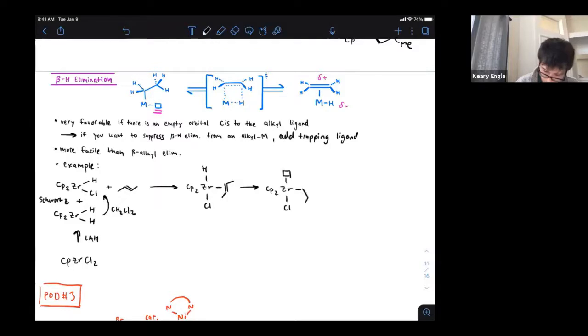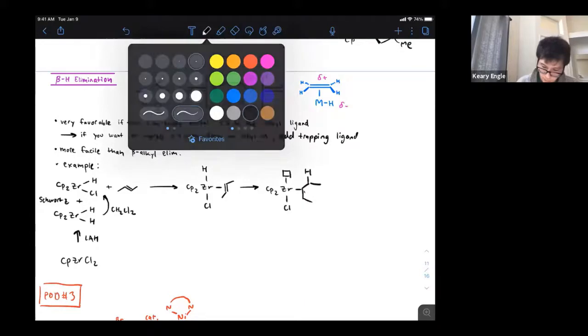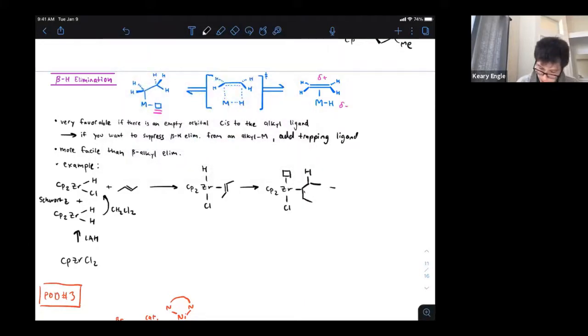So I'll draw where the H, well, maybe I'll draw that on the same side just so that's crystal clear. Okay, and then is this happy as is, Tim, or can anything else happen?